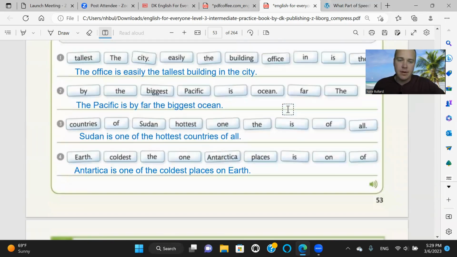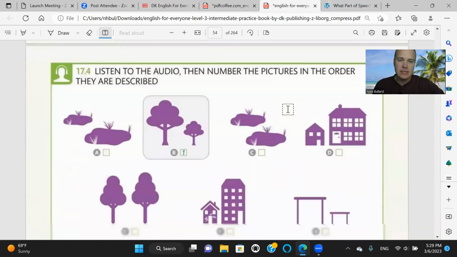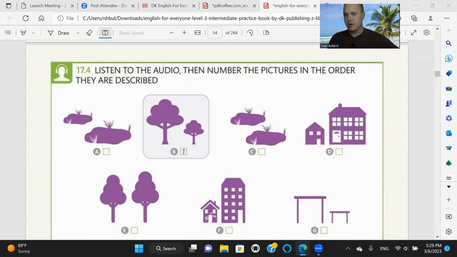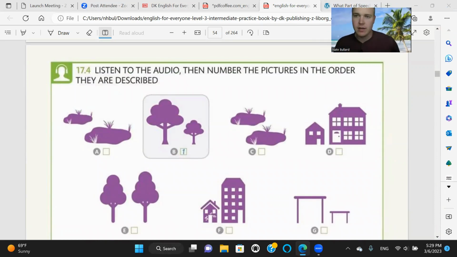Okay, vamos a seguir. Listen to the audio, then number the pictures in the order they are described. Voy a tocar el audio aquí para que escuchemos. Vamos a hacer esta actividad.